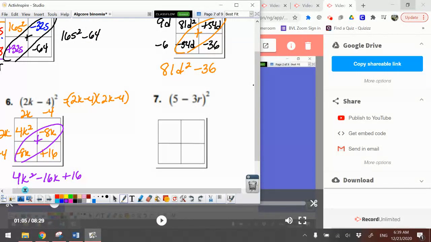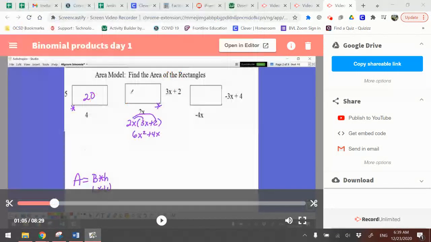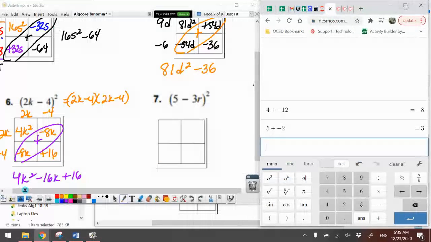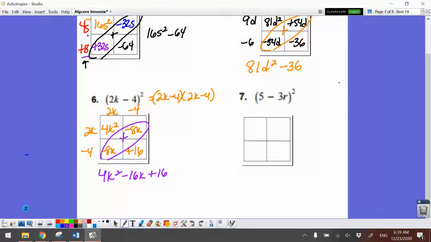So let's double check our math here to make sure we're good. We've got negative 8 plus negative 8. Okay, that's a negative 16. So make sure and watch those signs when you're working on this. Okay, so again, this one means I have 2 of them. So 5 minus 3r, 5 minus 3r.